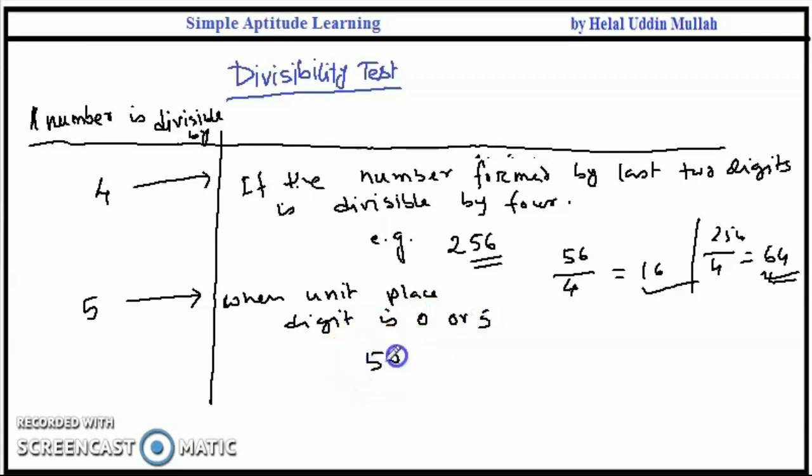So 50: the unit place digit is 0. So 50 is divisible by 5, and if we divide it by 5, it is 10. Then we consider 775.